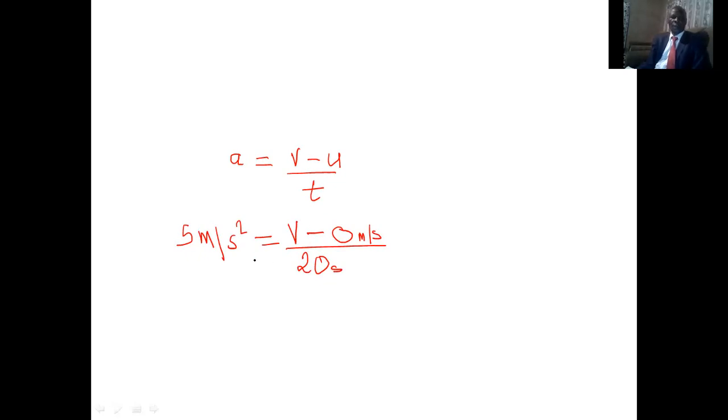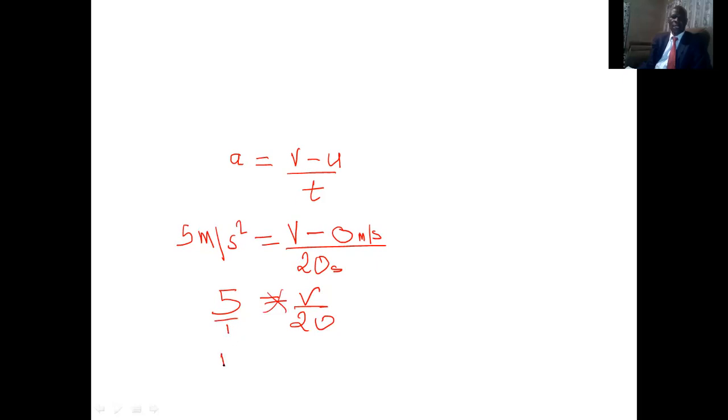When you are presented with an equation like this, we can merely cross multiply, because we are going to have 5 is equal to v over 20.